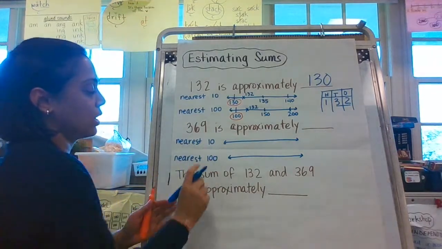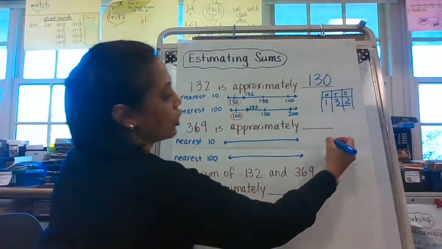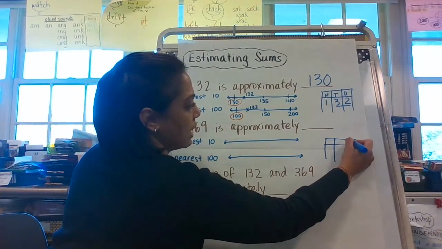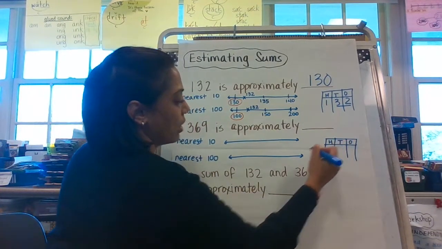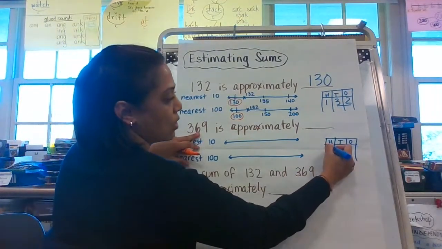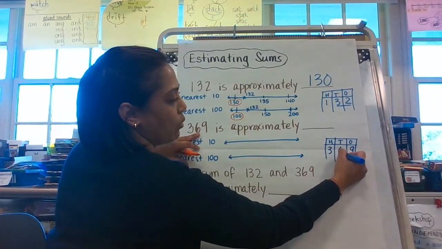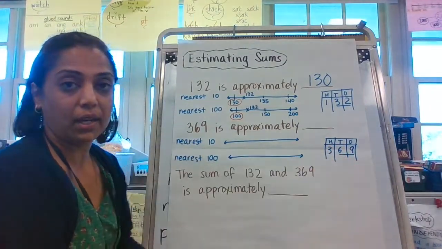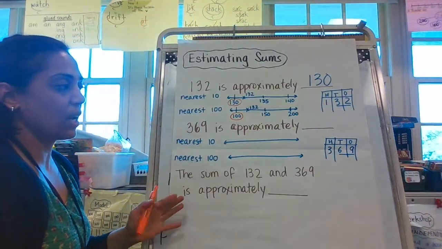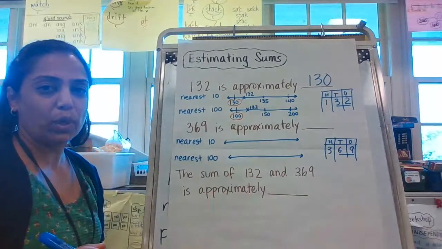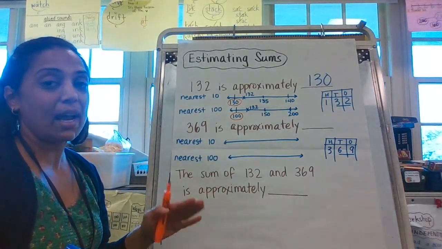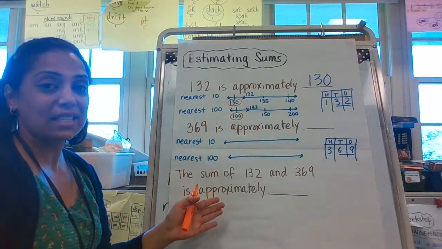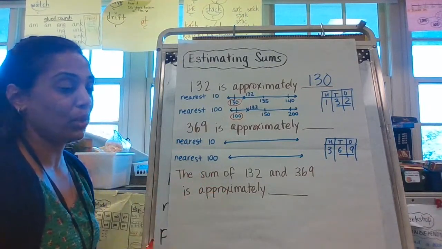So again, think to the nearest 10. If I show a place value chart, again, a place value chart helps me see what the place is for each digit. So 369, I'm really looking at the 69. I have 6 tens in 369. And then I ask myself, what two tens is it between? It's between 60 and 70. But I have to say the whole number.